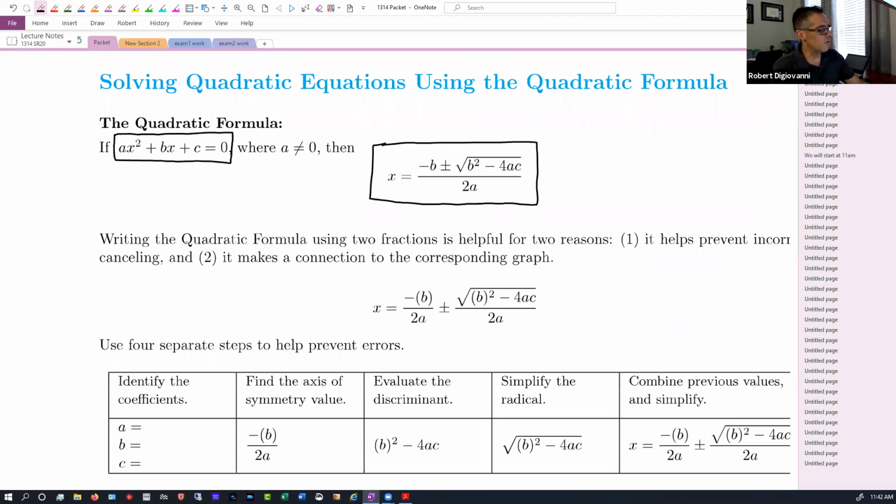Then if you can write it where you have everything on one side equal to 0, it's very important that we have it equal to 0. Then if you identify the number in front of x squared, that's a, the number in front of x, which is b, and the number that's by itself here, c, then all you have to do is plug them into this formula and it automatically spits out the answer.